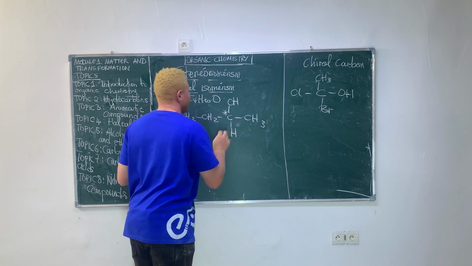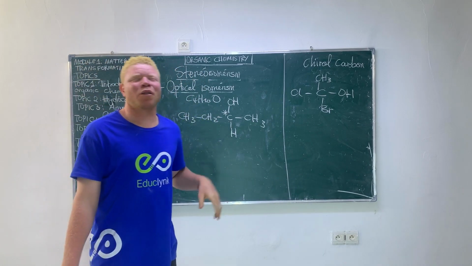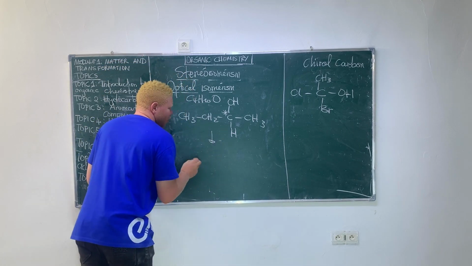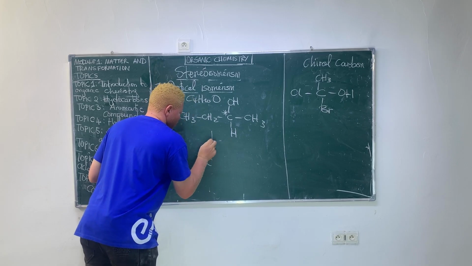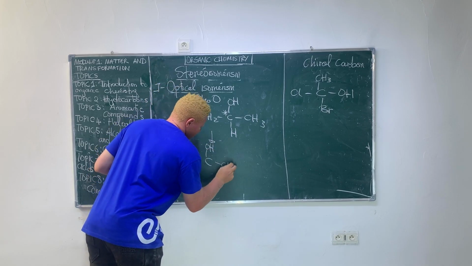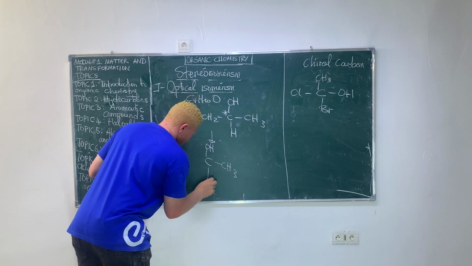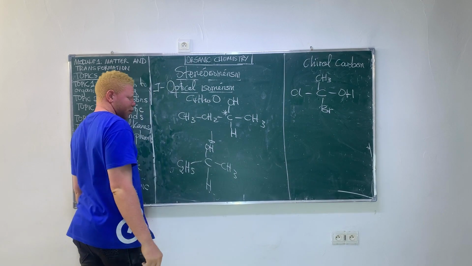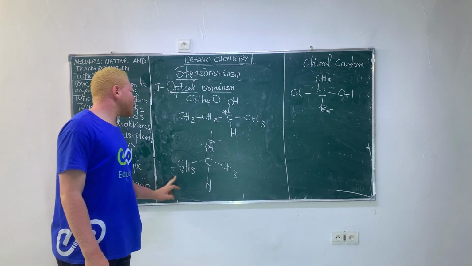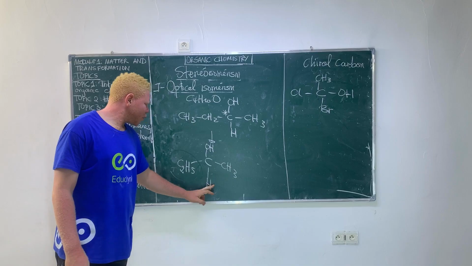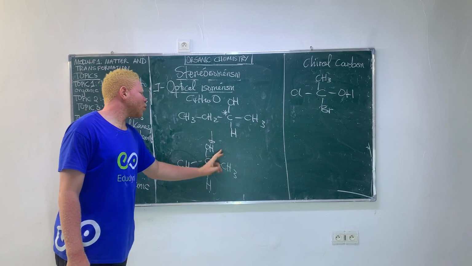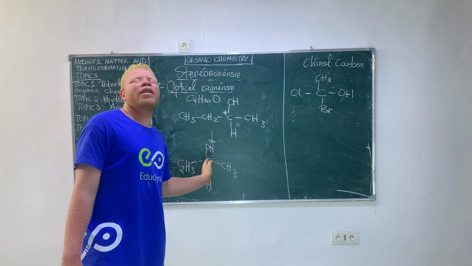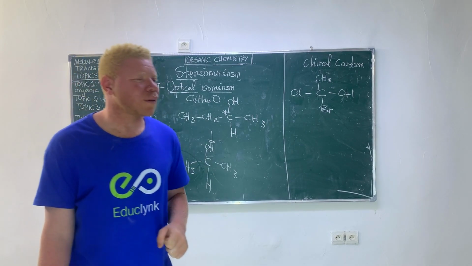Here is the chiral carbon. I'm going to condense the compound: C with OH, CH2, CH3. So here's an ethyl group, hydrogen, methyl group, OH group. So this carbon is essentially chiral. It's an asymmetric carbon.